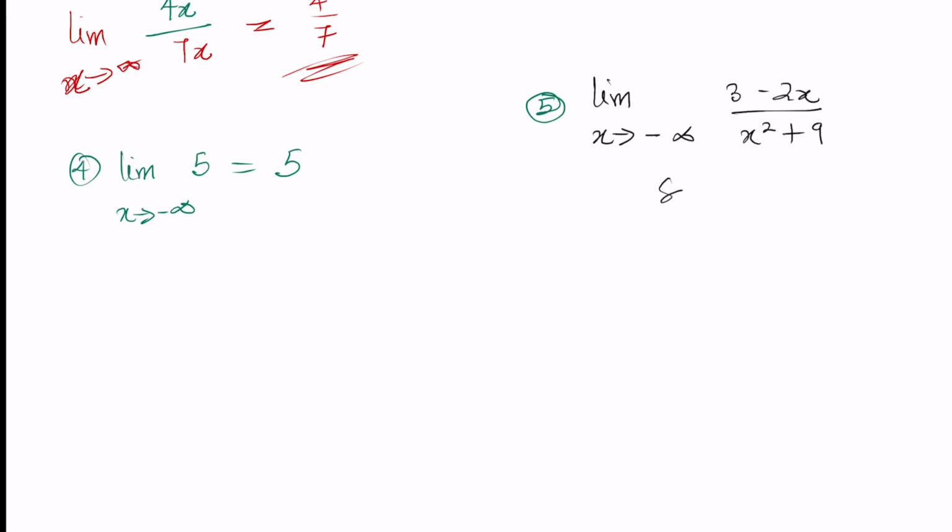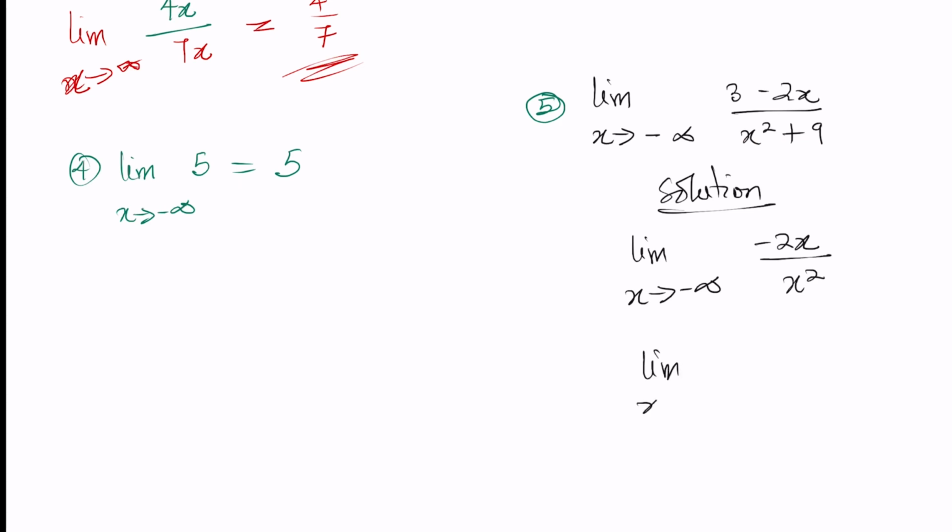So again, we look at the end behavior model, which is to consider the highest power of x on the numerator and the highest power of x on the denominator. If we look at our numerator, the highest power of x is negative 2x. And if we look at our denominator, the highest power of x is x squared.